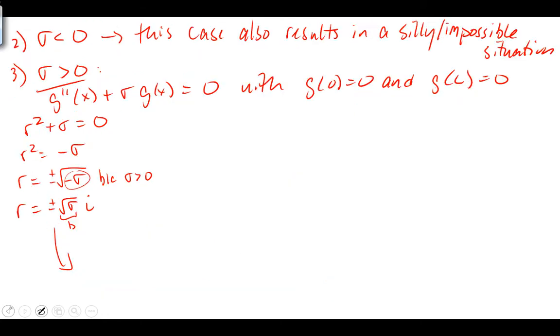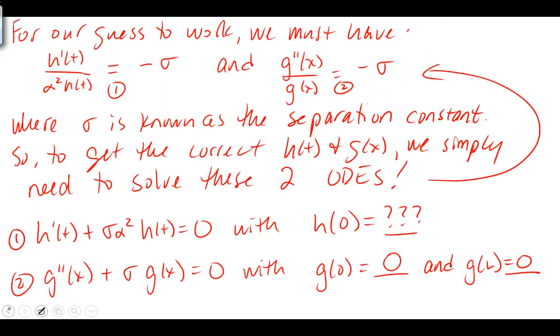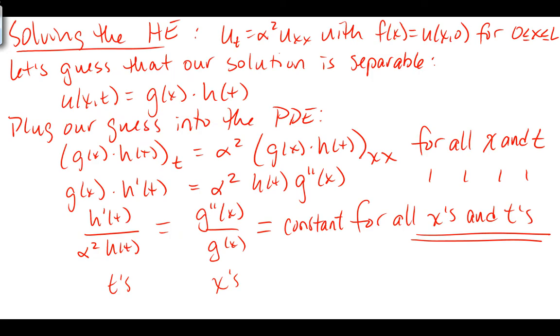So we were trying to figure out a G and an H that make this work, that make our guess work. And after about an hour of work that we've just done, we've come up with, actually, a whole bunch of G's that work and a whole bunch of H's that work.